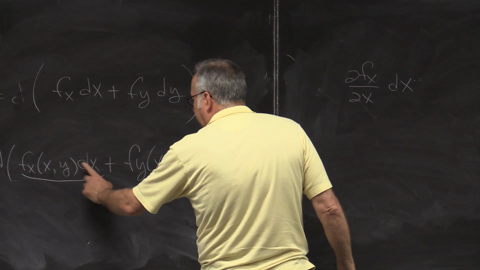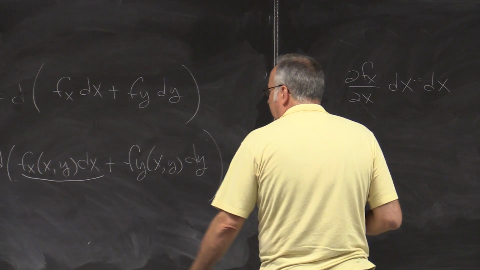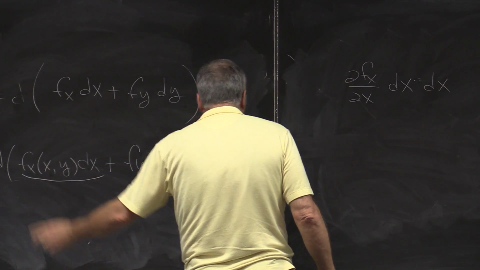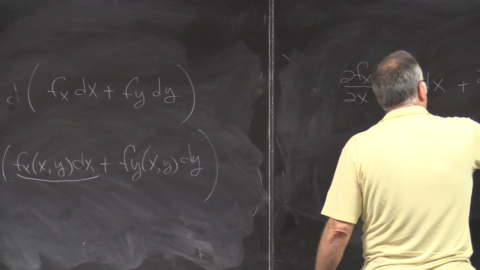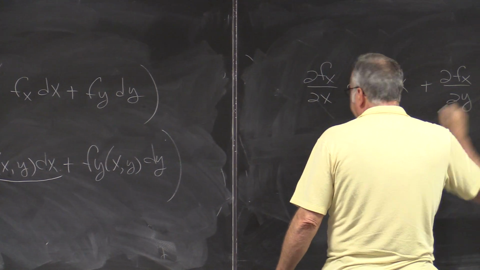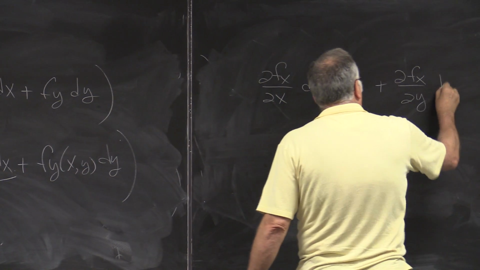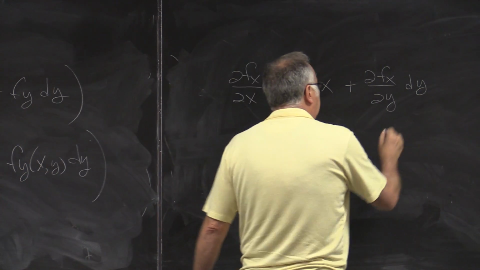But it's already multiplied by the dx here, so you've got 2 dx's here. Then this f sub x could change because of the change in y. So you'll have a partial fx, partial y, times the dy, times the dx that's already out here.